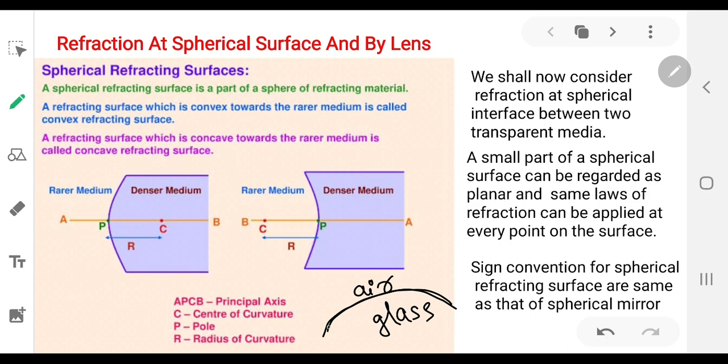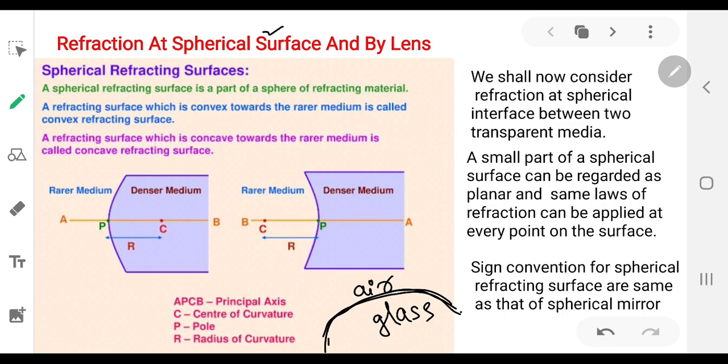Here the refraction is taking place, but the refracting surface is curved. What is that refracting surface? It is the interface that separates the two media. Then it is called refraction at spherical surface.